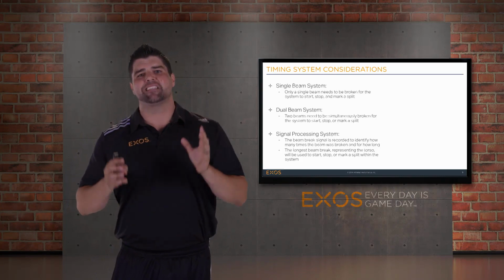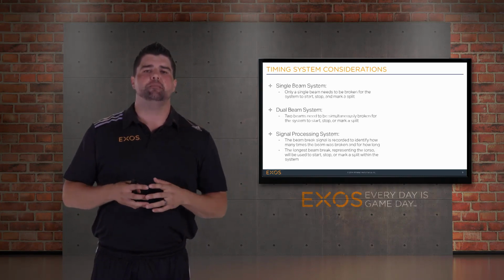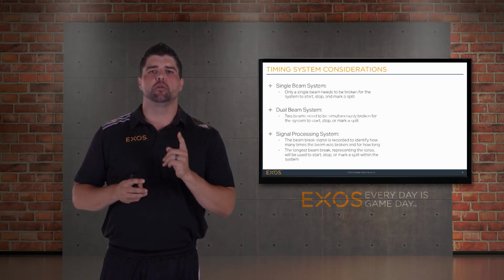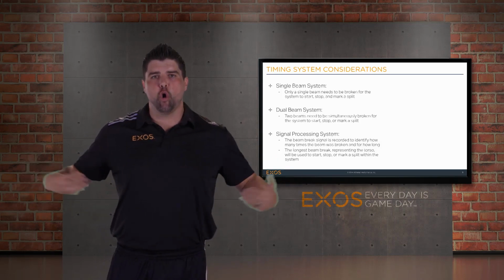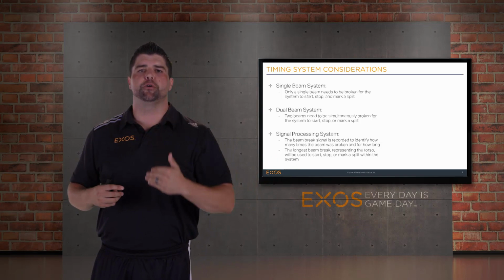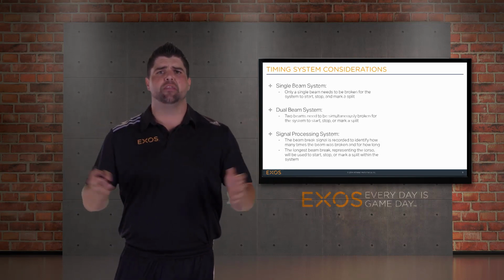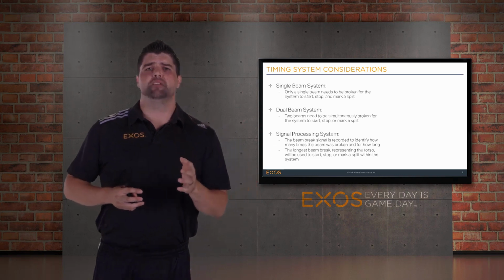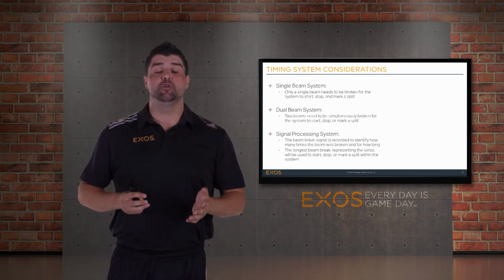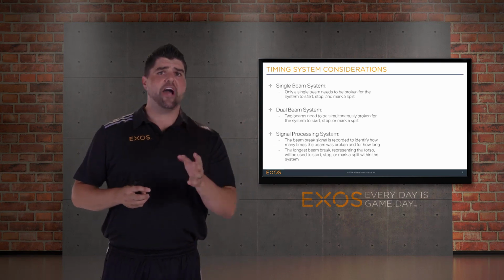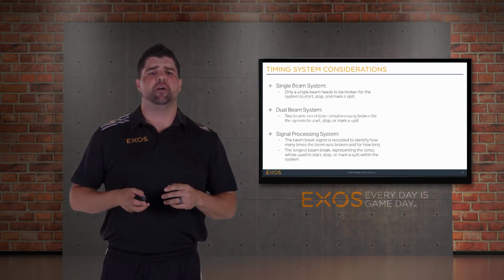Therefore, the only mass big enough to break both beams at the same time would actually be the torso. So in this case, you're much more likely to get a consistent torso break across all of your sprint splits, giving you increased reliability across the sprint splits and the total distances. Some timing systems have gone to such great lengths that they use a triple beam system. This probably is overkill.